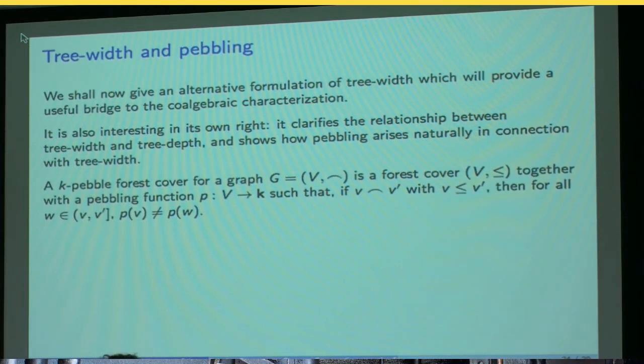Remember the forest covers: just a forest, and if two vertices are adjacent, they have to be related in this forest ordering. One has to be an ancestor of the other.